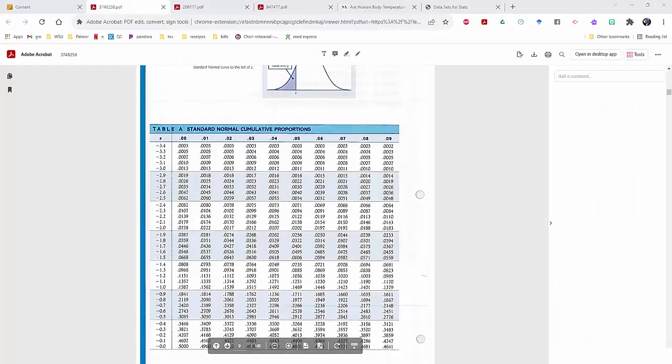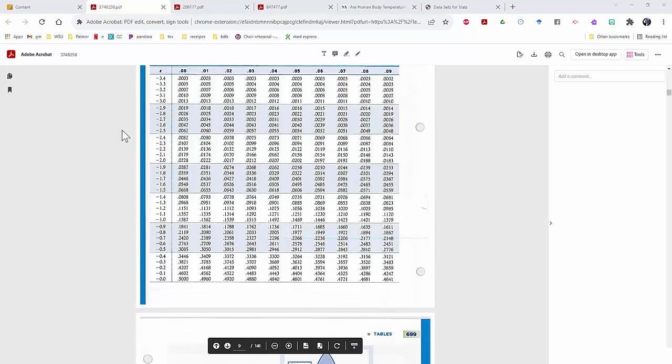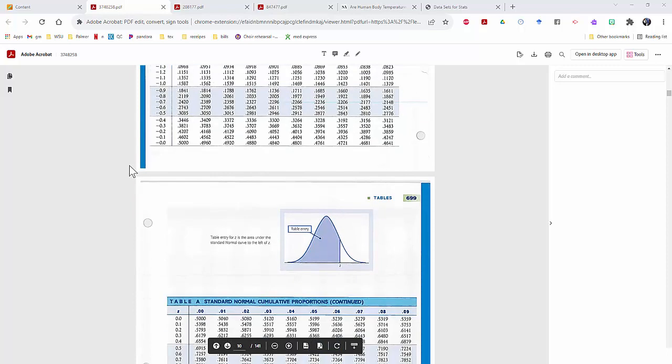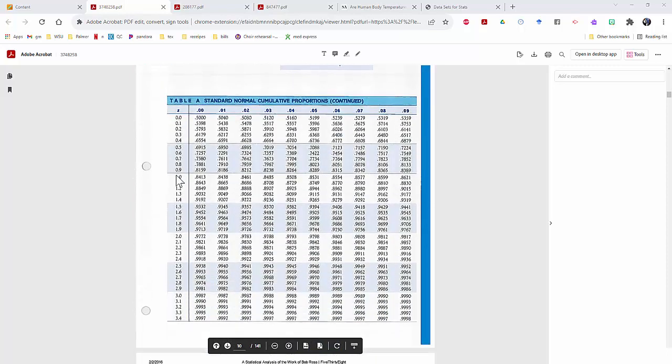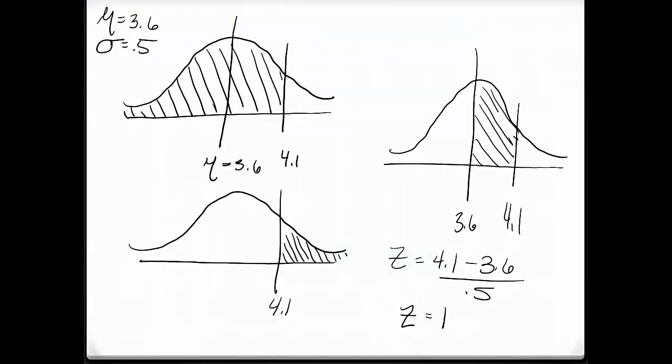Now in your article reader, you have this table, the standard normal cumulative proportions. So we're going to look for a z-score of 1. We go to table Z and we look for 1.0, and 0.0 is 0.8413. So if we were looking at this area right here, this area is associated with 0.8413 probability.